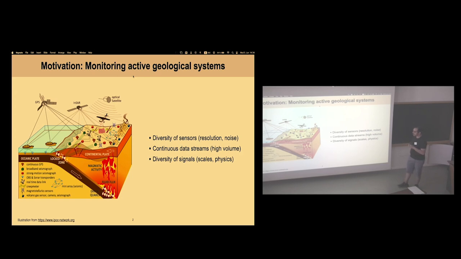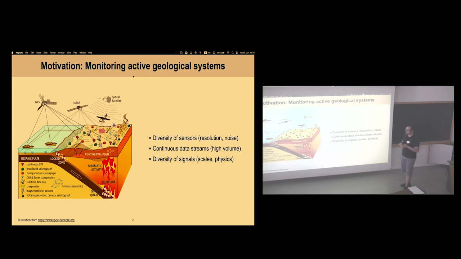okay, so subduction zones usually have a high seismic hazard, and usually we have a diversity of sensors in this region. So we have, for example, broadband stations and strong ground motion stations, and also satellite data as well as GPS to monitor this region.